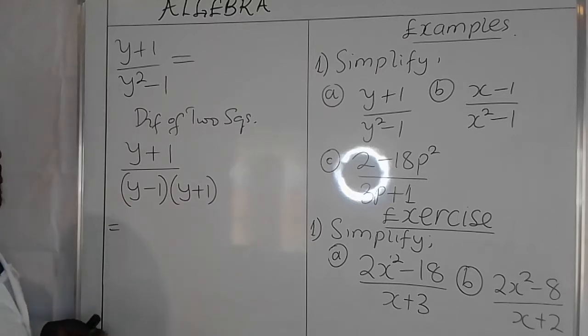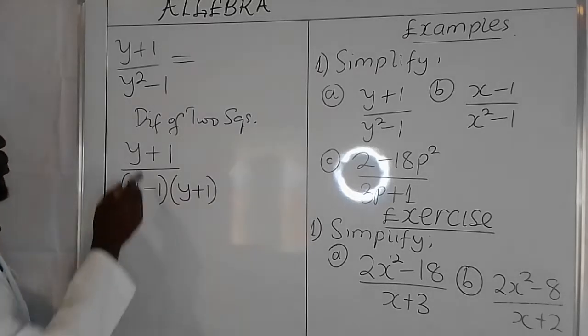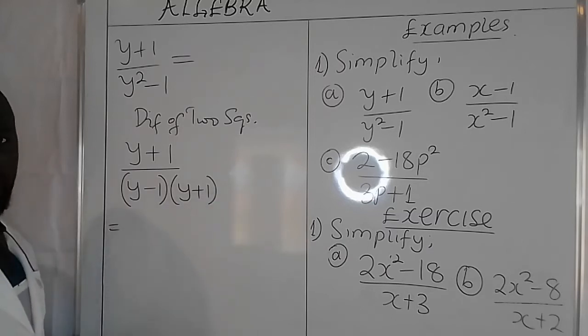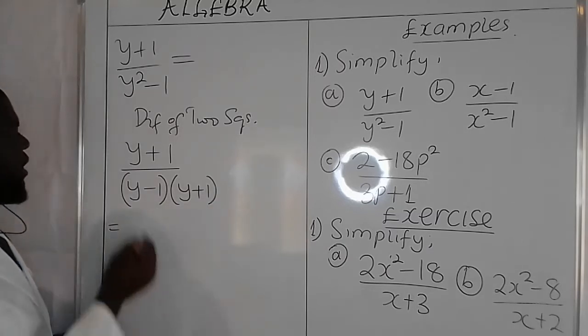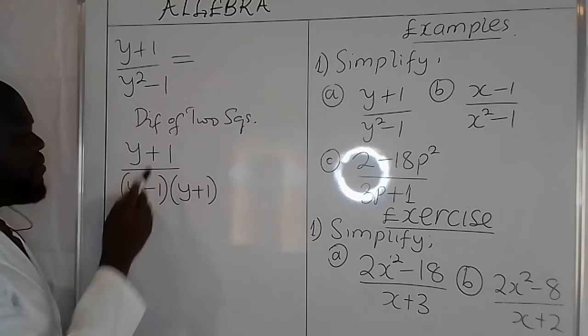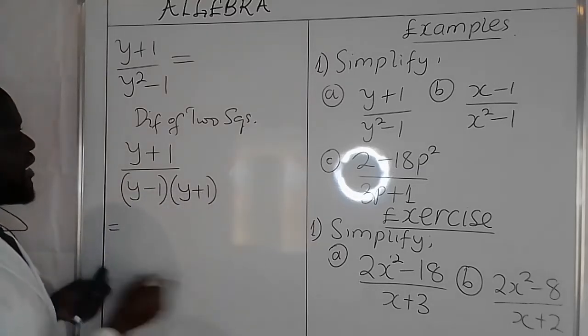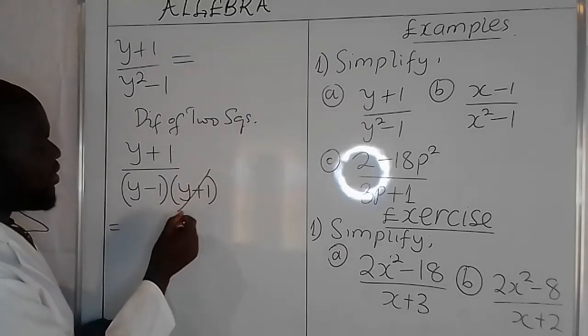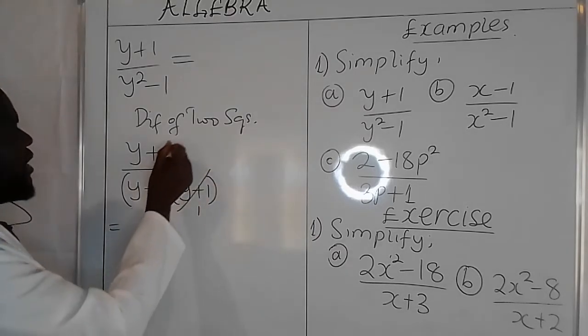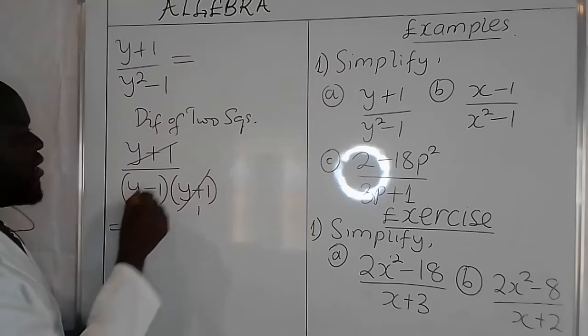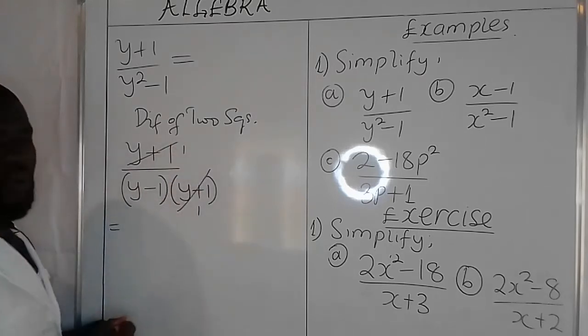Now, you can see between the numerator and the denominator, there is a common factor. Here we have y plus 1, and here we have y plus 1. So why not say y plus 1 into y plus 1 is 1, and y plus 1 into another y plus 1 on top here is 1.